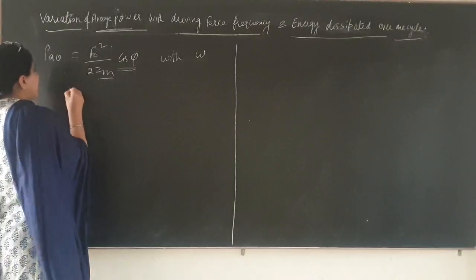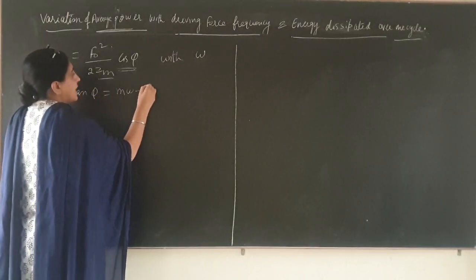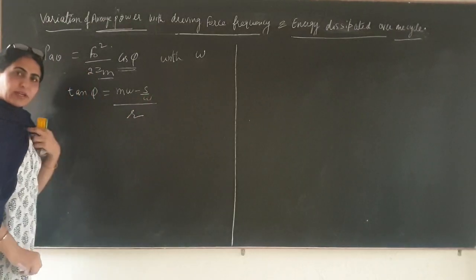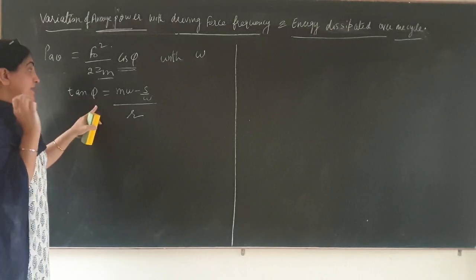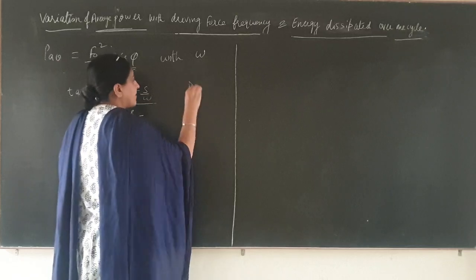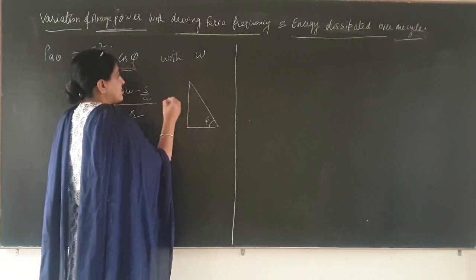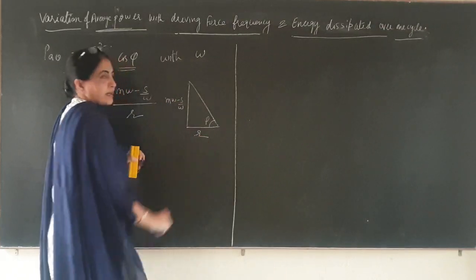We know tan phi is equal to (m omega minus s over omega) upon r. In a right angle triangle, if this angle is phi, then tan phi will be m omega minus s over omega over r.